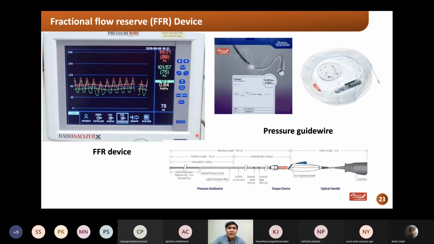All right, I'm going to go for the first one. It's the fractional flow reserve device, or FFR. FFR is the device used to evaluate the physical occlusions or physical changes of coronary blood flow in patients.